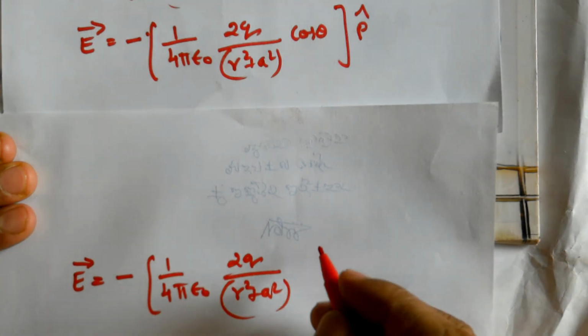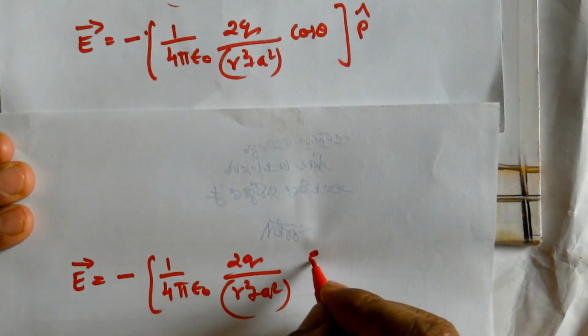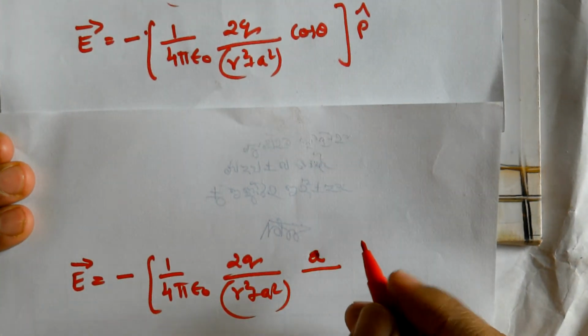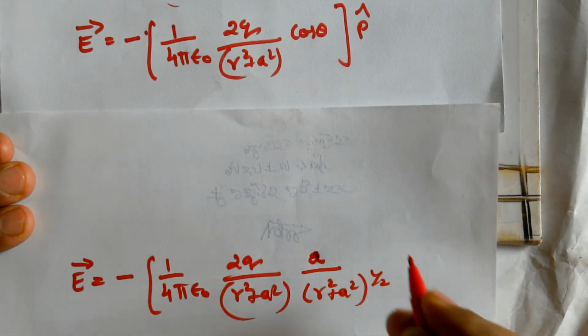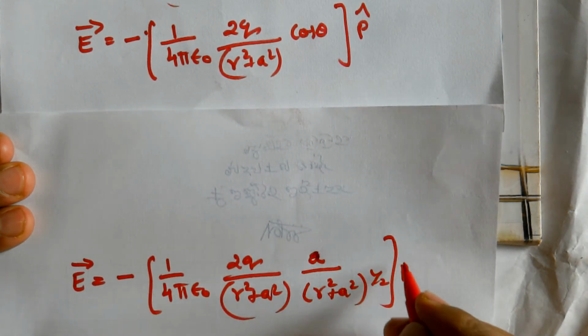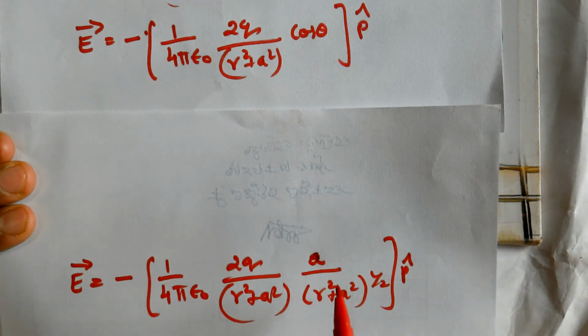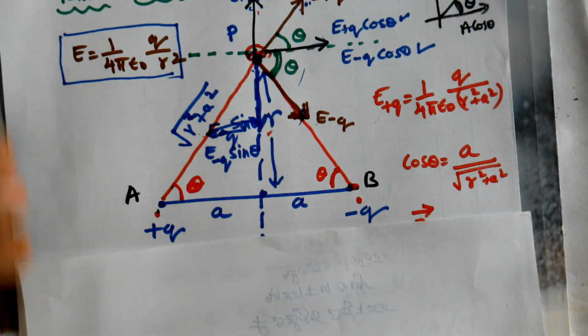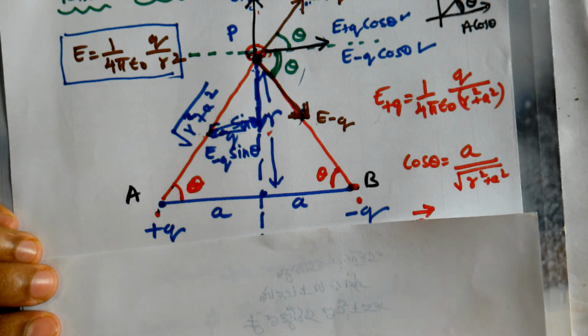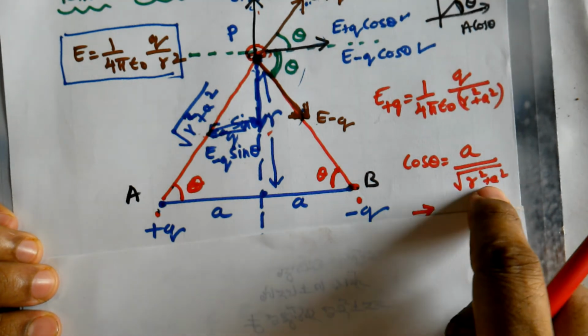Cos theta is adjacent side by hypotenuse, a divided by root of r square plus a square to the power half, into P cap. That is the previous formula. So cos theta is this one. You refer the diagram. Cos theta we have written here already, a by r square plus a square to the power half because it is root. Right.